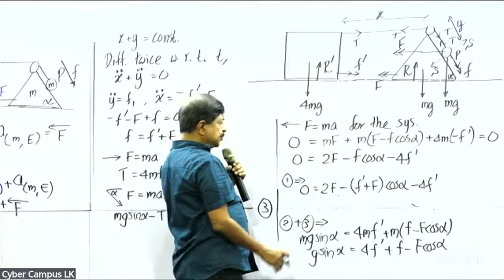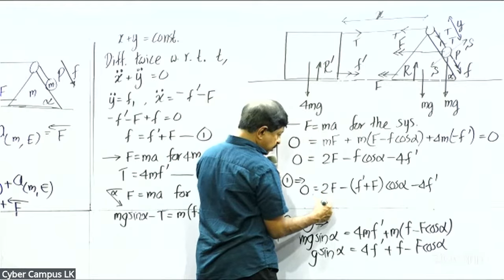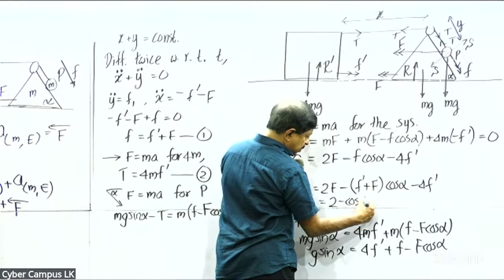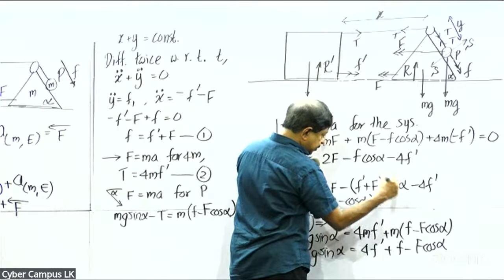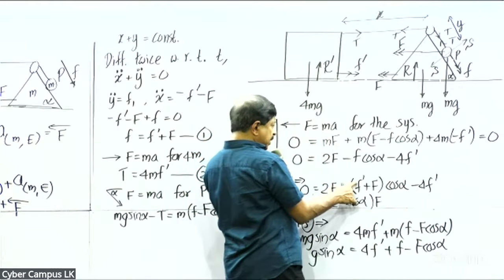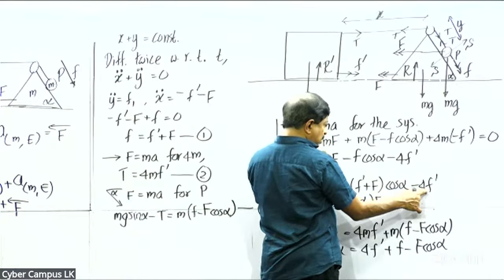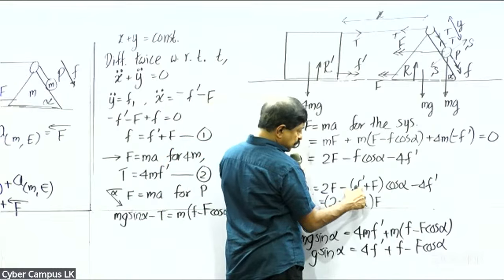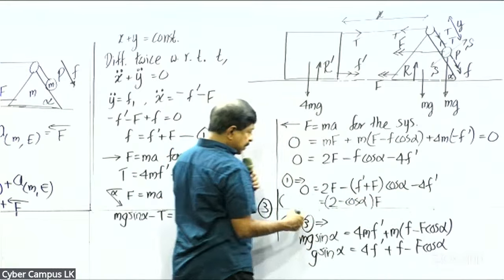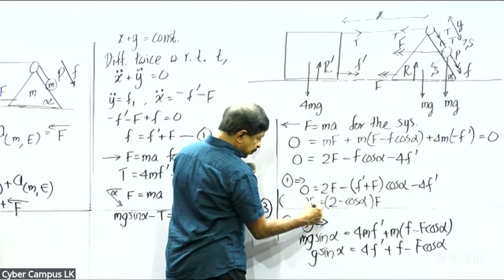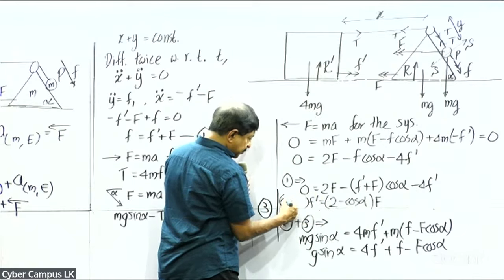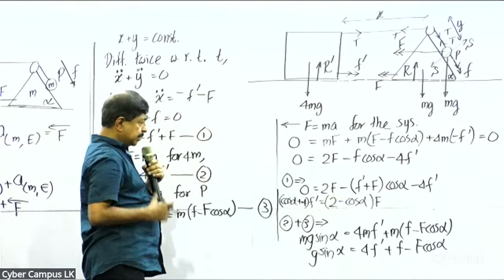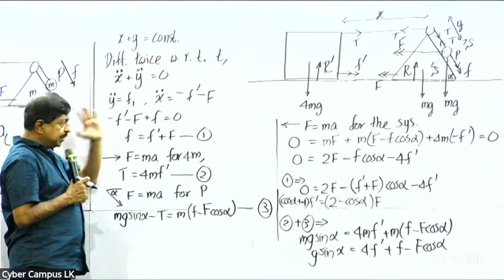Now, if you collect the terms containing capital F, you have 2 minus cos alpha, capital F. Here you have minus F dash cos alpha minus 4F dash. So if you bring everything to this side, that is positive F dash cos alpha plus 4F dash. So if you pull out F dash from this, you get cos alpha plus 4. Right. Now it's correct. Now, this is the main idea.